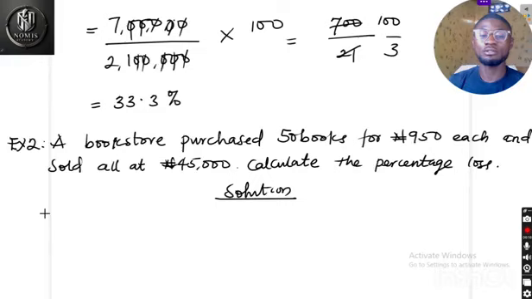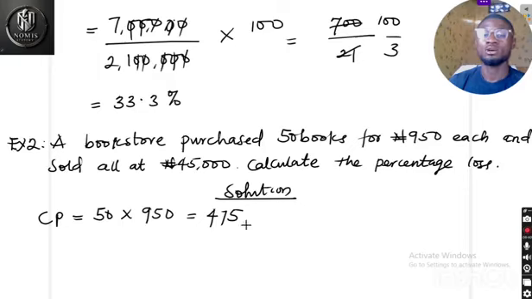The cost price is equal to, if 50 books were purchased and each is 950 naira, 50 multiplied by 950 naira to get the total cost price. 5 times 5 is 25, remainder 2. 5 times 9 is 45, plus 2 is 47. With the 2 zeros, that is 47,500. So that's the cost price.